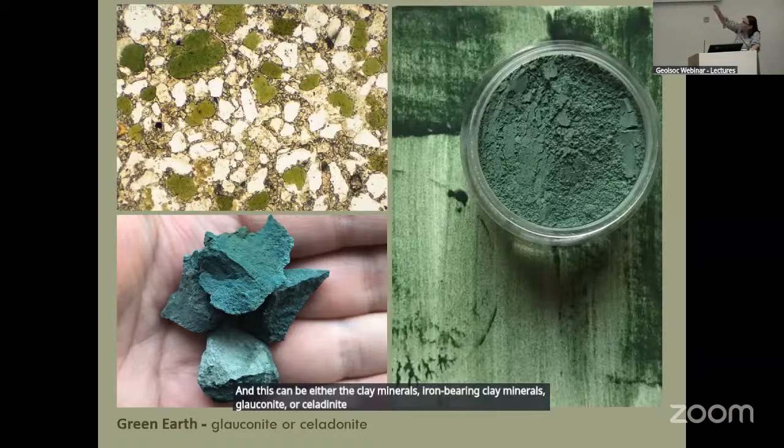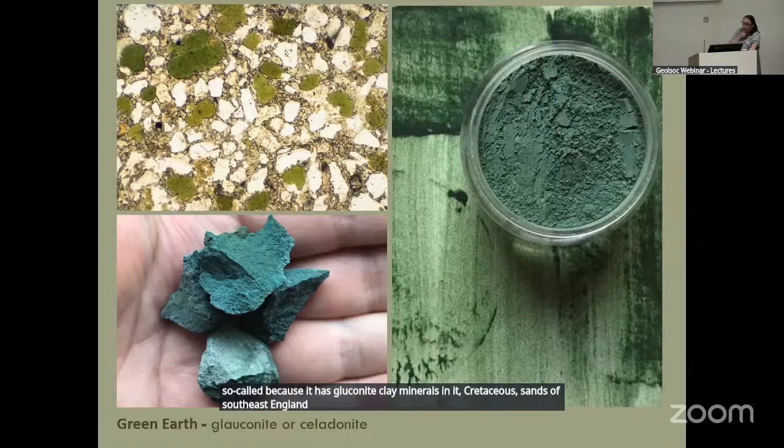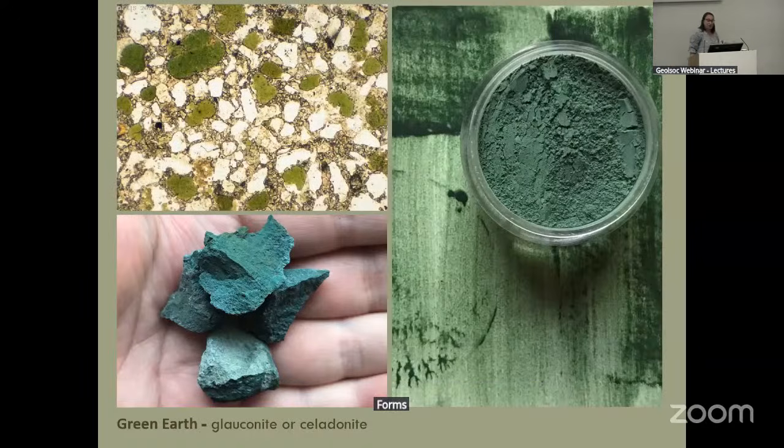We've got a thin section at the top left of the green sand, so called because it has glauconite clay minerals in it, Cretaceous sands of southeast England. Glauconite geologically only forms in a marine environment. But an almost identical clay mineral called celadonite forms from the weathering of basalt, and this is another pigment mineral.